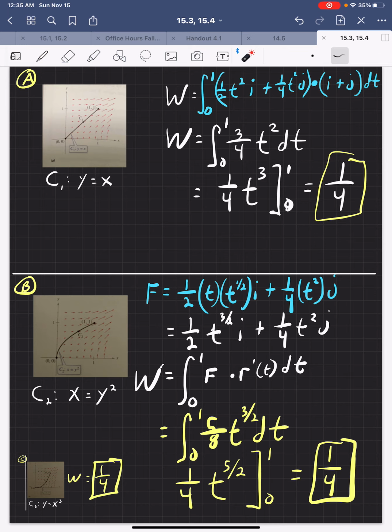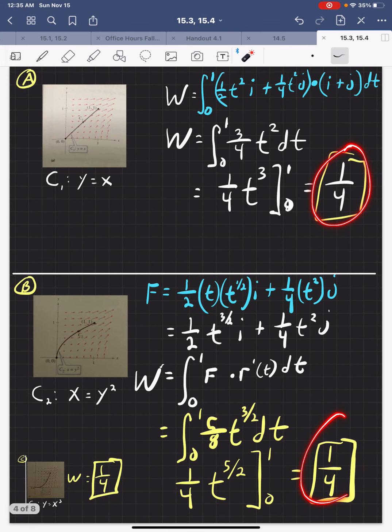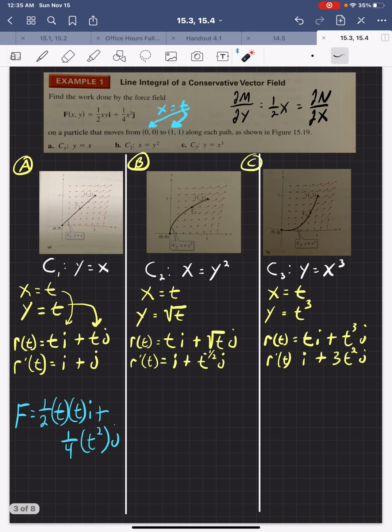Interesting. So it appears, and this is just a tentative conclusion, that the work we calculated for part A, part B, and part C was all 1/4, so it appears that the work done by a conservative vector field is the same no matter what path the particle takes.